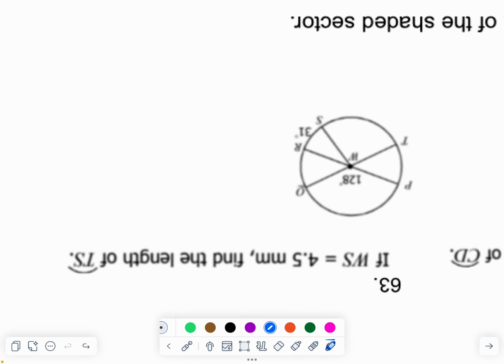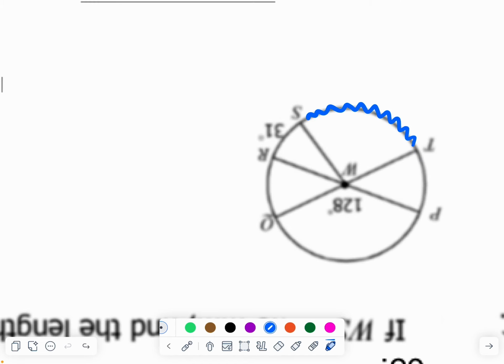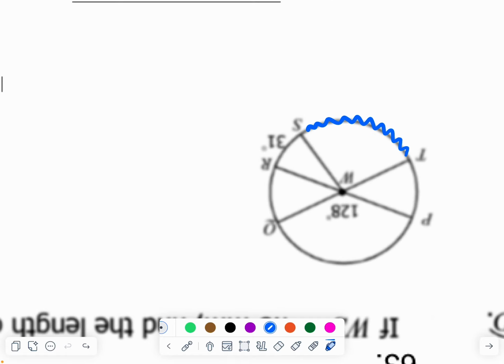All right, on this guy, find the length of arc TS. TS is here. It looks like I have 2 diameters going on here. We've got this diameter and this diameter, which creates a vertical angles situation where I know this whole angle right here has to add up to 128, but I already know this angle is 31.